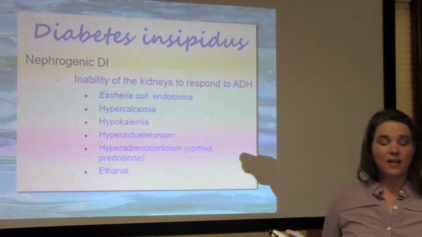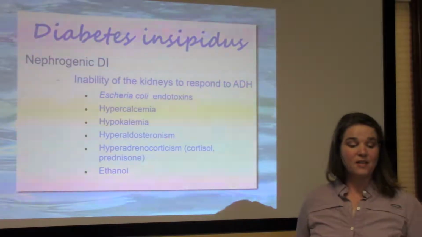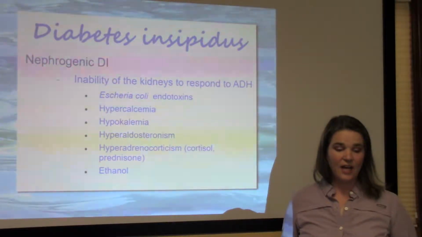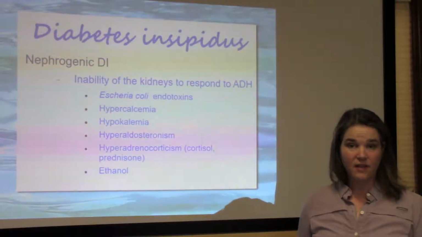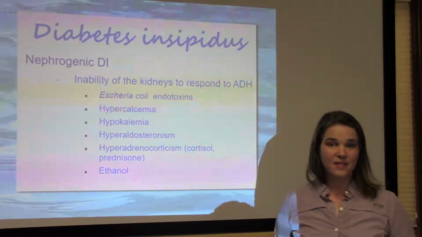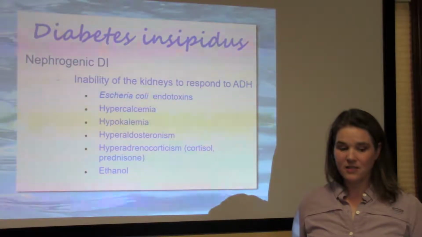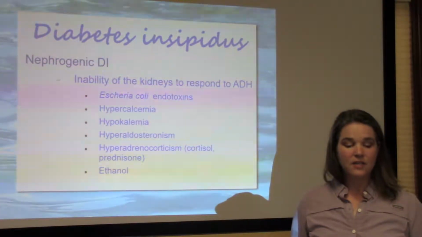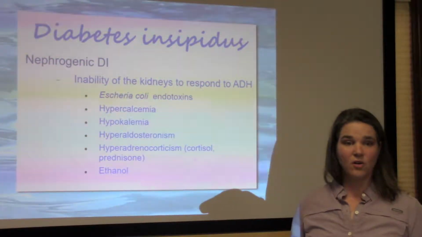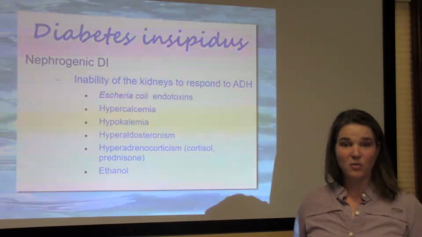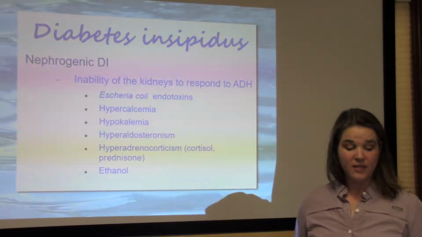Diabetes insipidus, the other type is called nephrogenic DI, and that is an inability of the kidneys themselves to respond to ADH. This can be congenital, but that's very rare. Typically, it is caused by E. coli. Endotoxins can act on the renal tubules and prevent them from being able to respond to ADH.